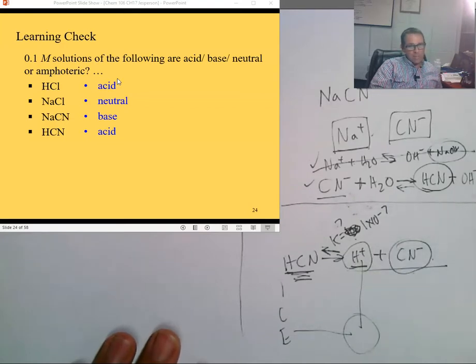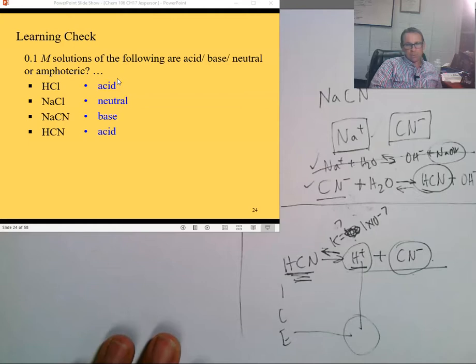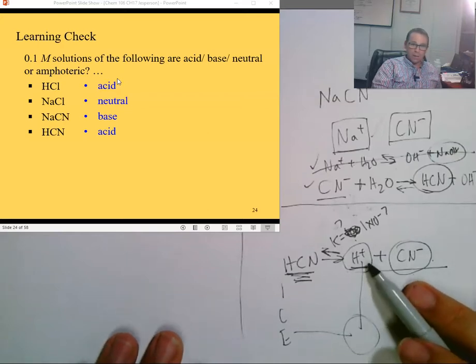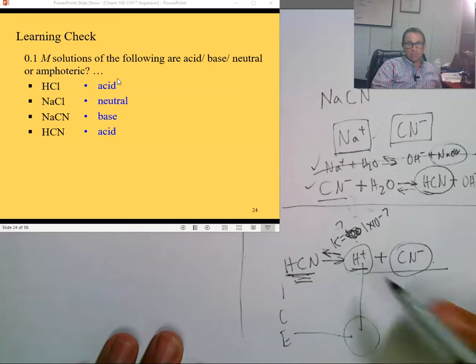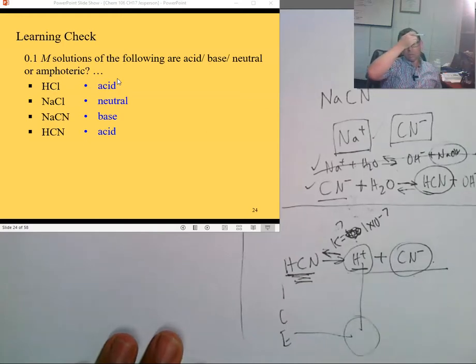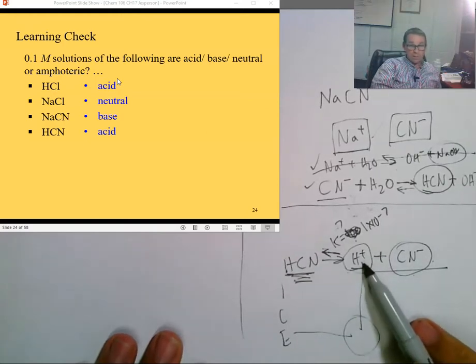So at pH 7, there is 1 times 10 to the minus 7 molar hydroxide ion and hydrogen ion always around. So as soon as there's any free hydrogen ion in excess, if there's any of this in excess, it would find any hydroxide ions it could.